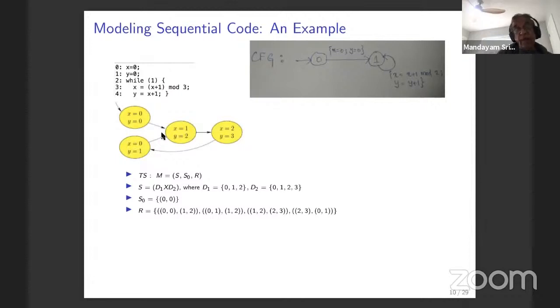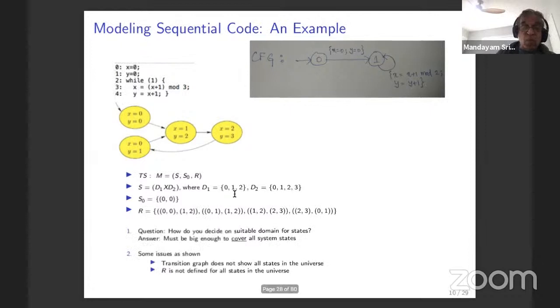Of course, in this case, from these initial states, these are the only possible values that X and Y take. Okay, it so happens that in this case these are the only possible values that they can take. Here I ended up guessing that this is what it is, and I chose those domains.